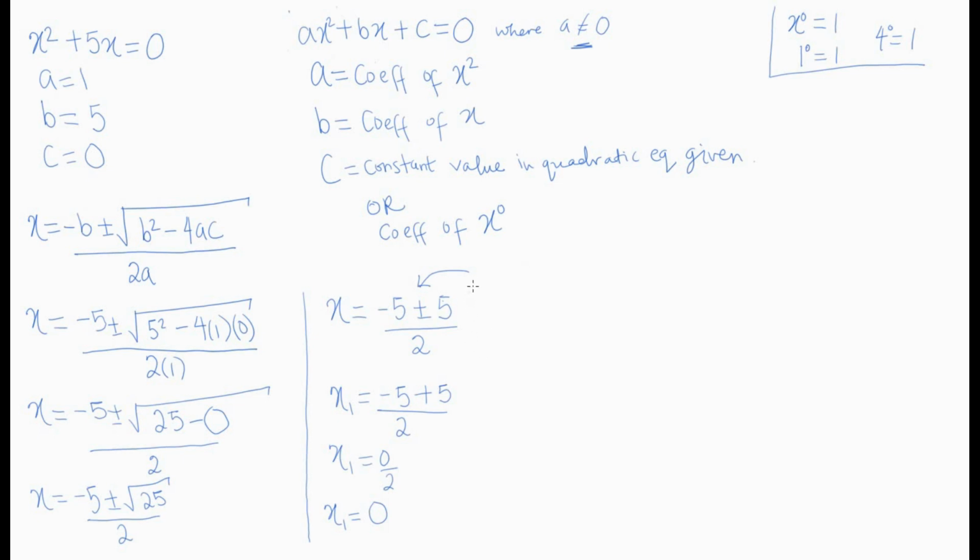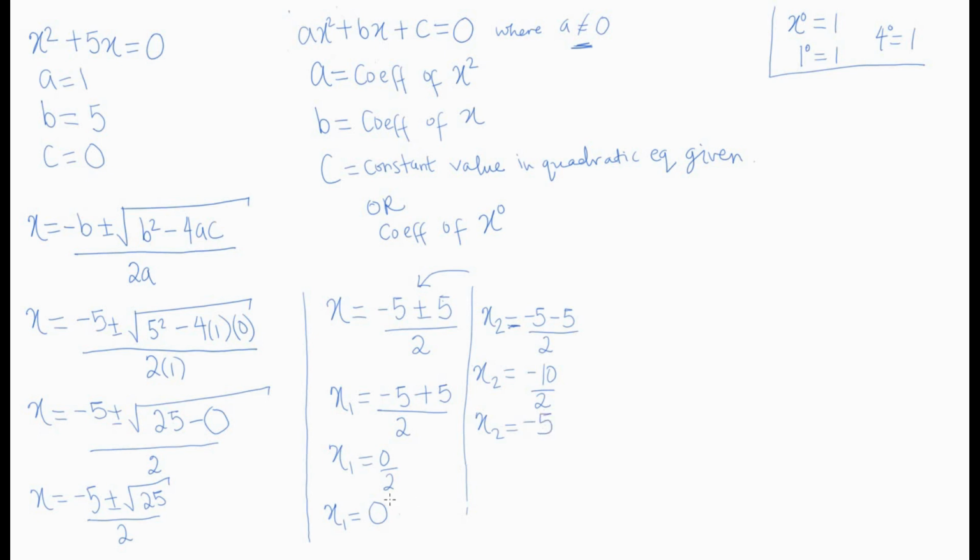Then we go to the next part. x sub 2 is -5 minus 5 over 2. So x sub 2 is -10 over 2, which is x sub 2 equals -5.